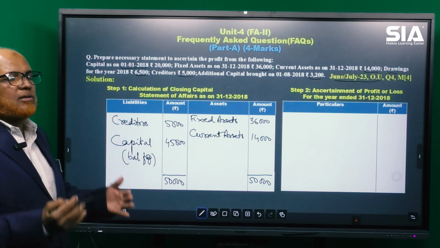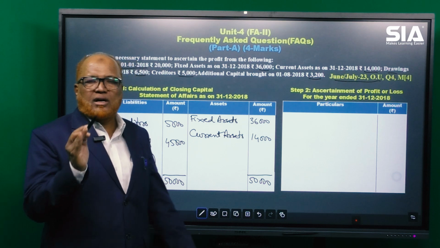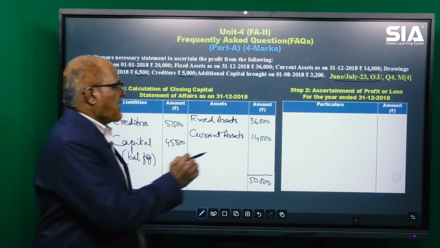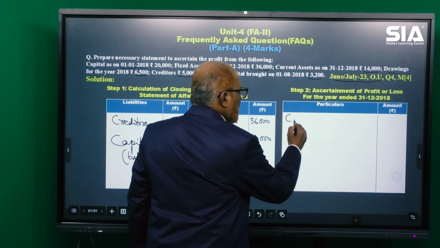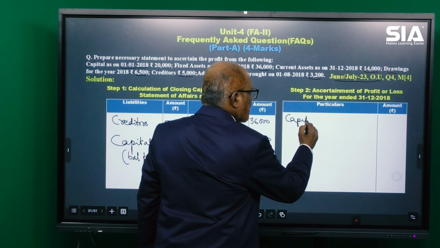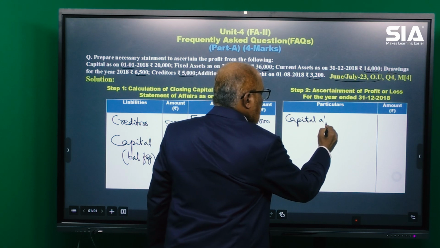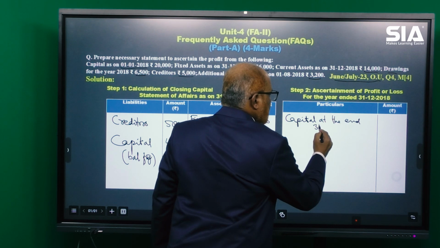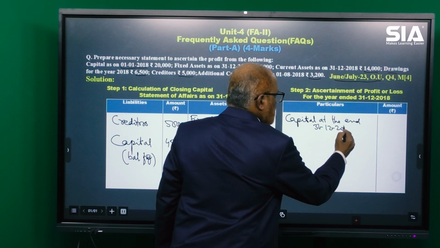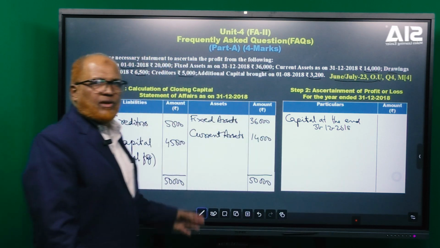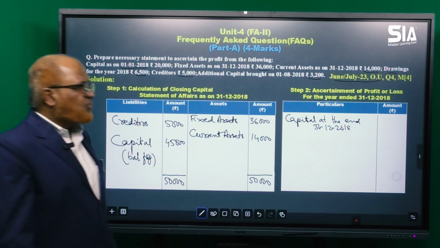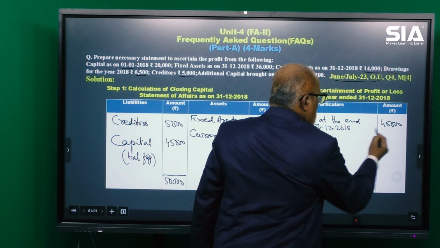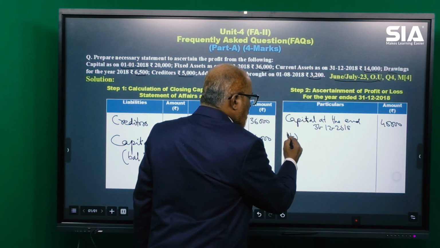Now we proceed to find out the profit earned during the year. First we begin with capital at the end of the year, that is 31st December 2018. Just now we have calculated capital at the end. It is 45,000. Take 45,000. To this we add drawings.